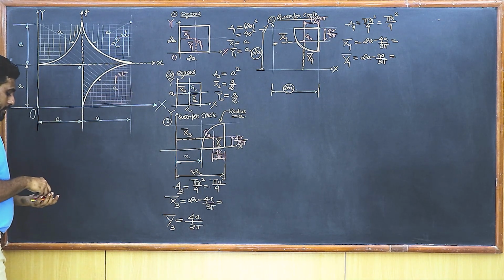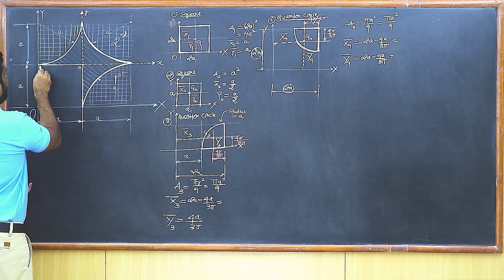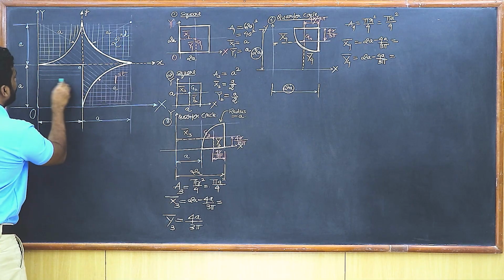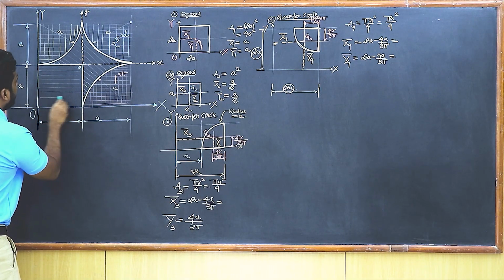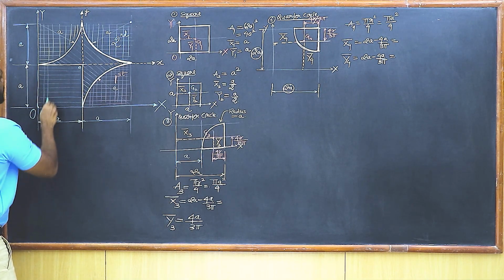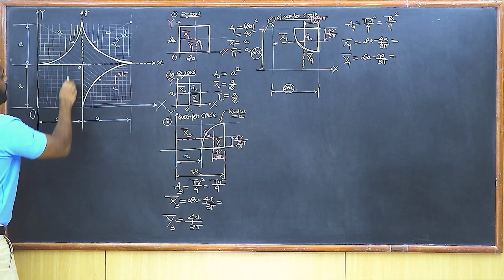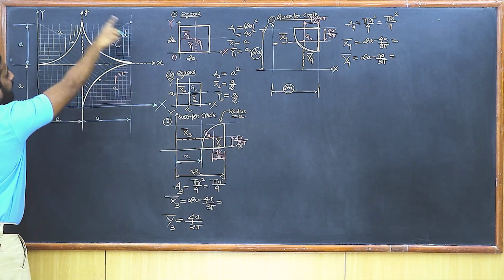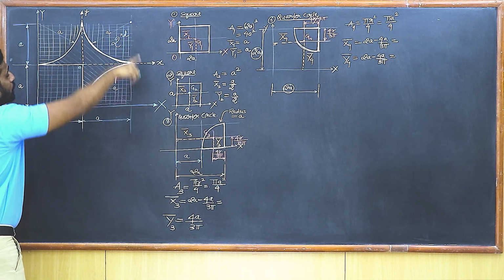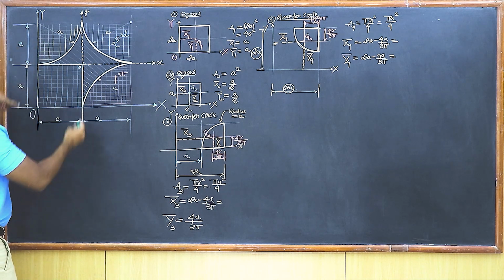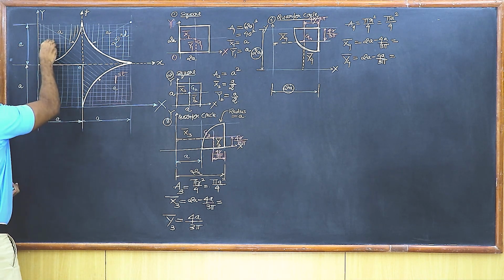We already have removed this part, isn't it? This was the square plate, the square lamina. This square lamina has already been removed from the entire square plate, a very big square plate. So now I need to focus on the third quarter circle.